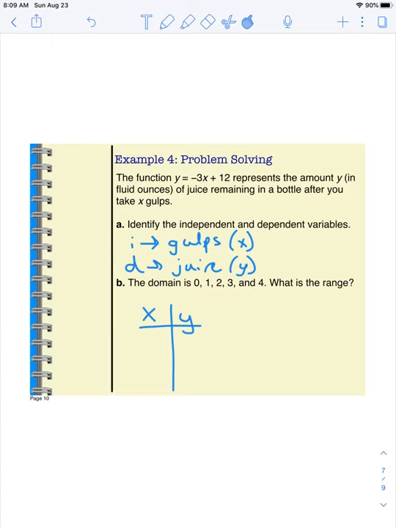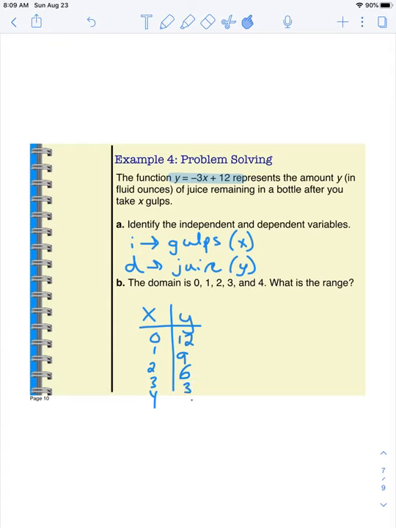So let's continue this XY table. We have 0, 1, 2, 3, 4 for x. So when I plug in 0 for x, again, I'm looking at the function up here. When I plug in 0 for x, I have 12. Now think again, what does that mean? That means we start with 12 ounces of juice. After I take one gulp, 12 minus 3 is 9. 2 gulps, I'll have 6 ounces left. 3 gulps, I'll have 3 ounces left.